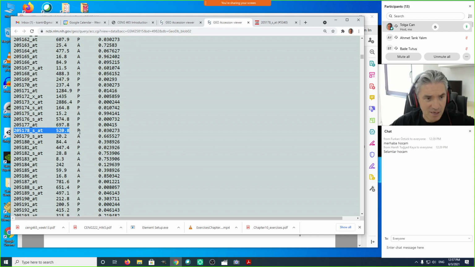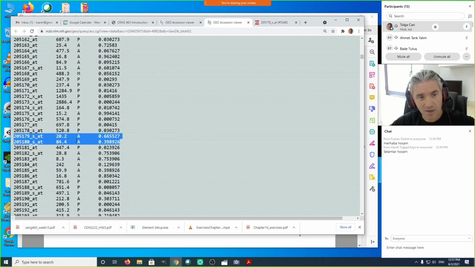By the way, these are p-values, and P and A calls are present and absent calls. You can ignore the absent calls here because either the variation between those 11 probes is too much, so this is not a reliable reading, or this is a reading which we are not very confident about.